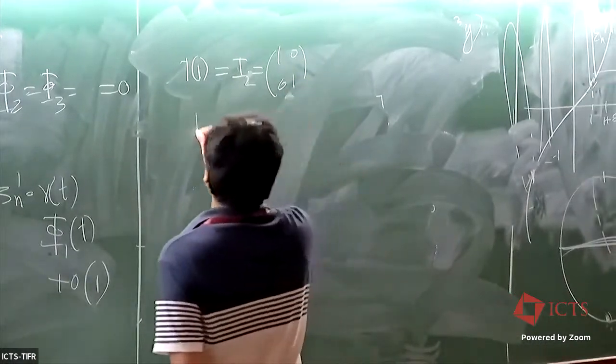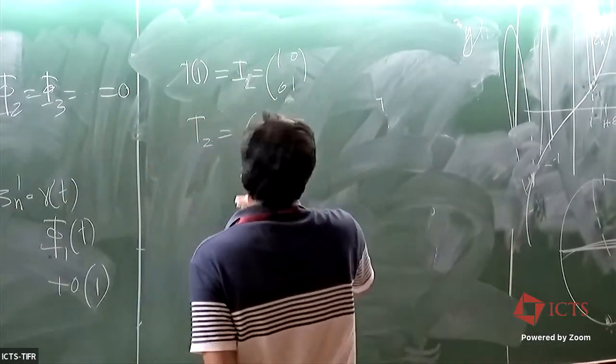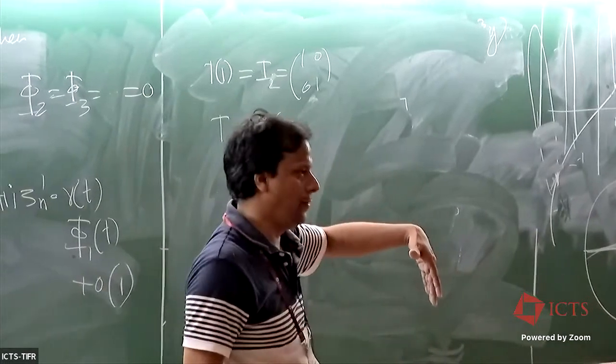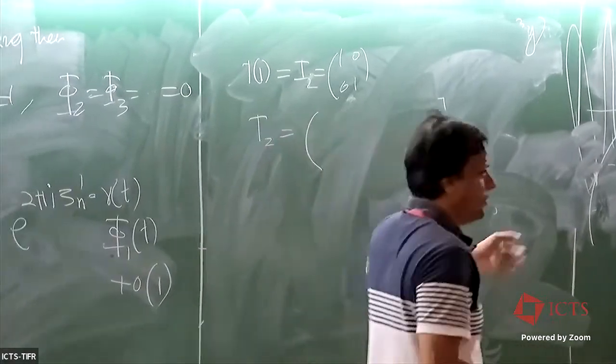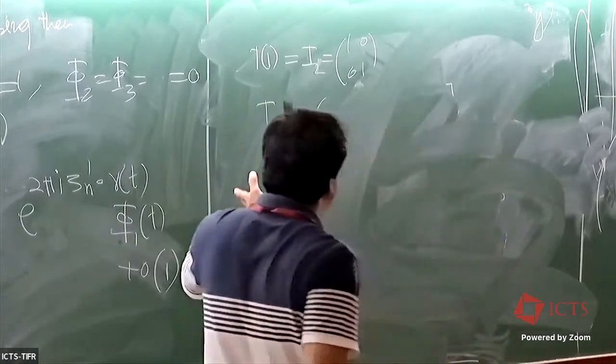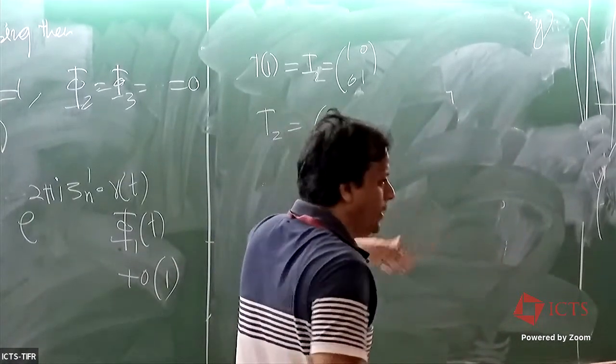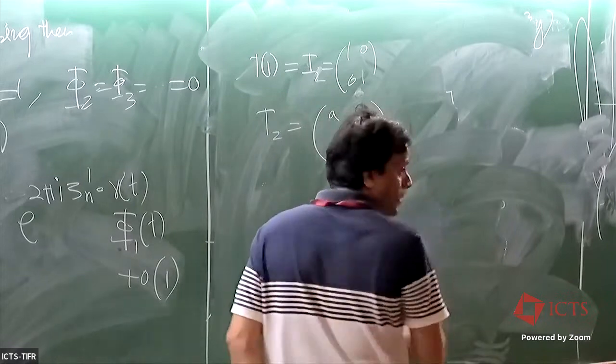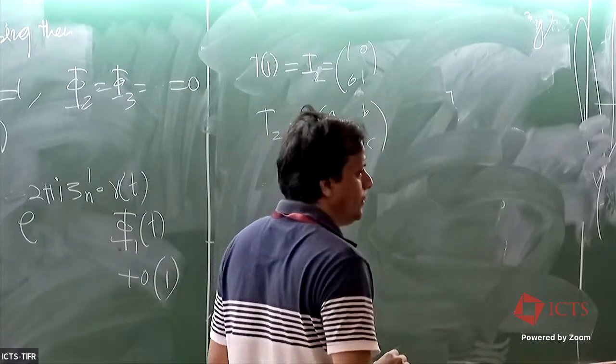And we want T2 to be upper triangular. The inverse of an upper triangular matrix is upper triangular. So we want T2 to be something like A, B, C, with a 0 here. Why is that so?